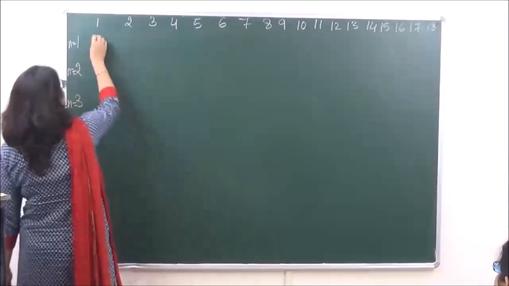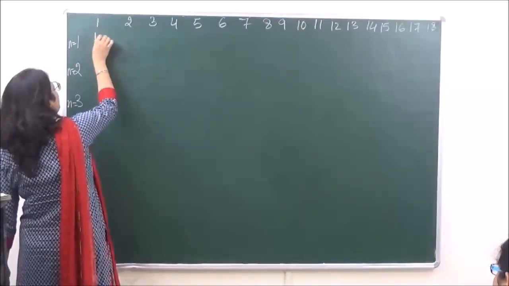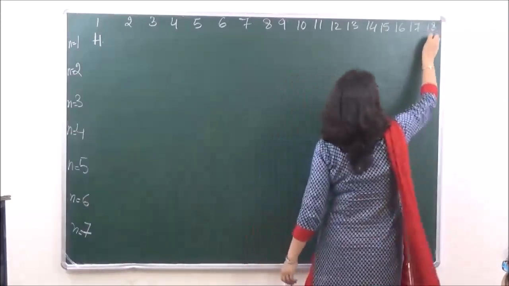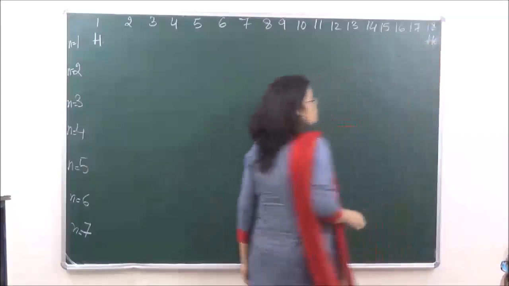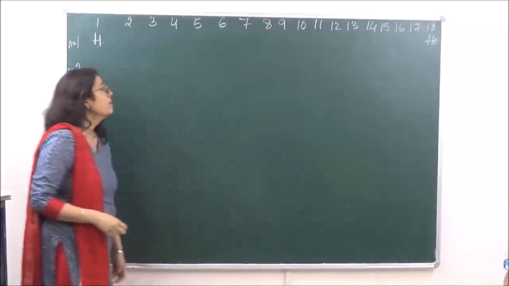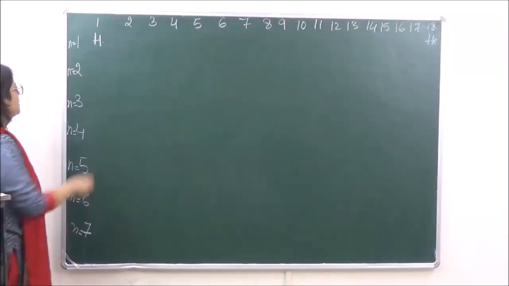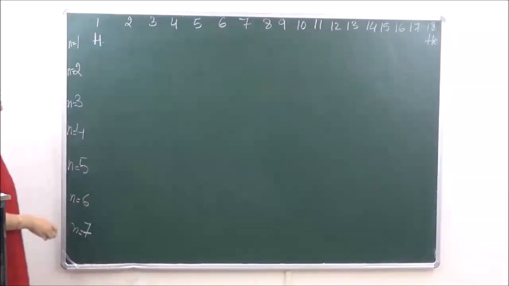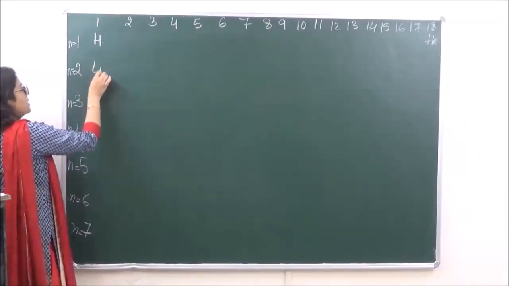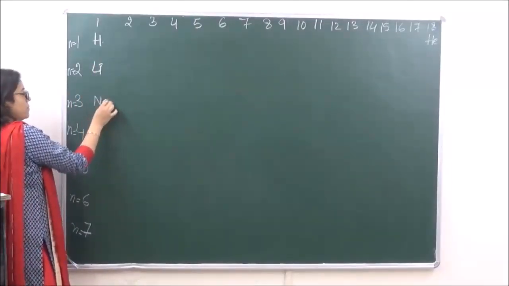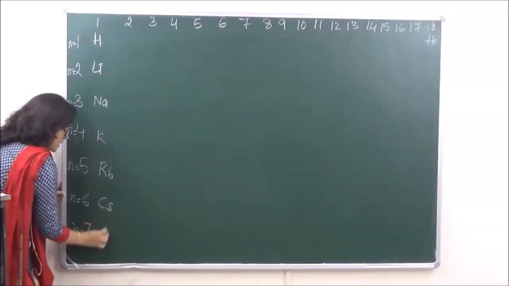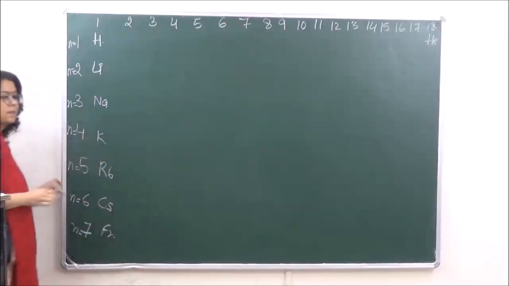In the first period, only 2 elements are present. One is hydrogen and the other is helium. Okay. Then let's go group-wise because it's easier to learn. So we have hydrogen, lithium, sodium, potassium, rubidium, cesium and francium. Right?